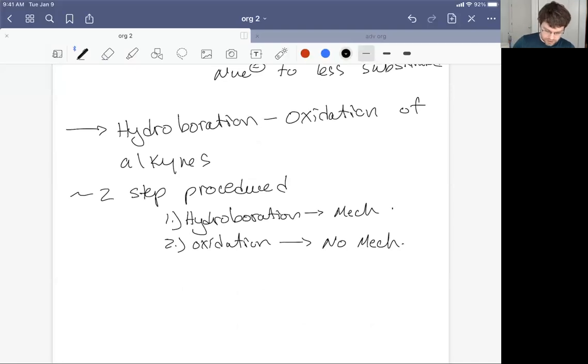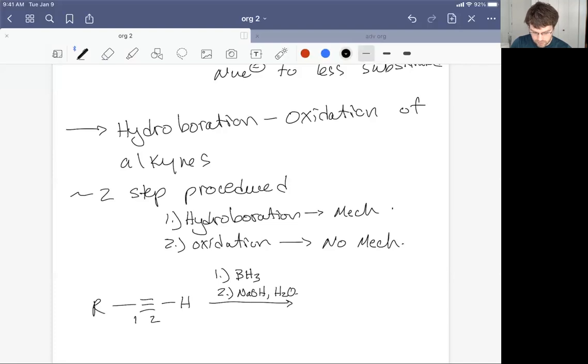Okay, so what does this reaction look like? Well, if we have an unsymmetric alkyne with an R group, 2 carbons, and then carbon 2 in this numbering system has a hydrogen attached to it, we are going to do a two-step procedure where in the first step we add BH3, and in the second step we add NaOH and H2O2, sodium hydroxide and hydrogen peroxide.